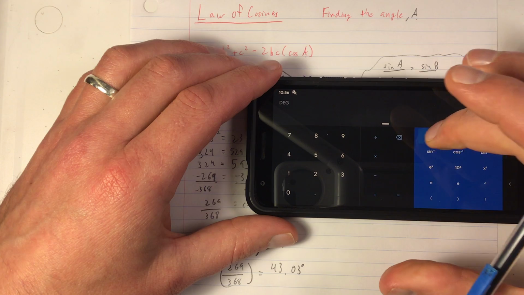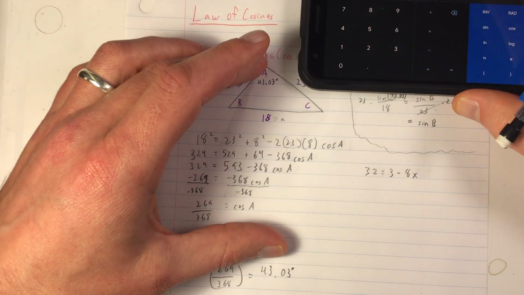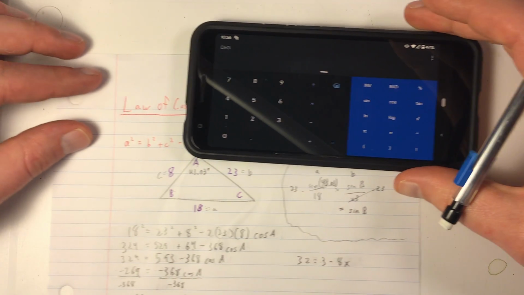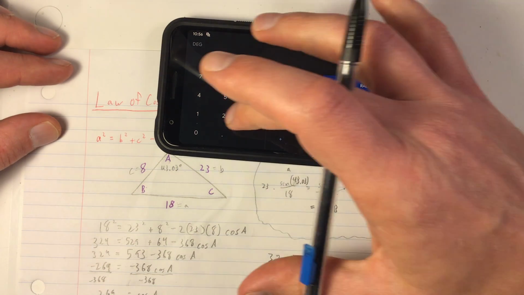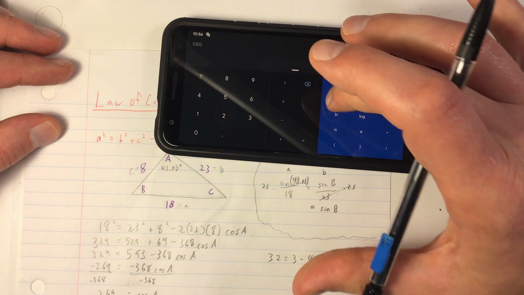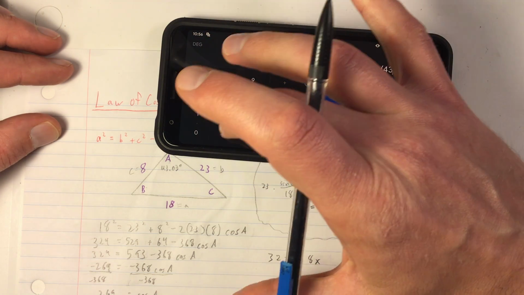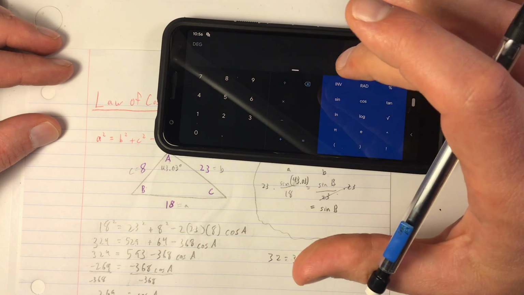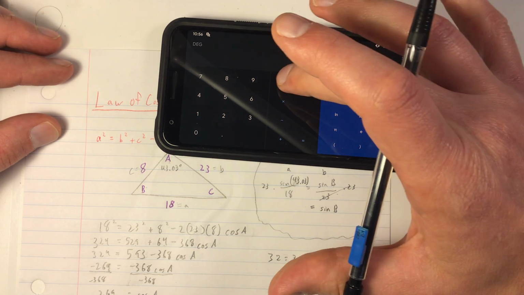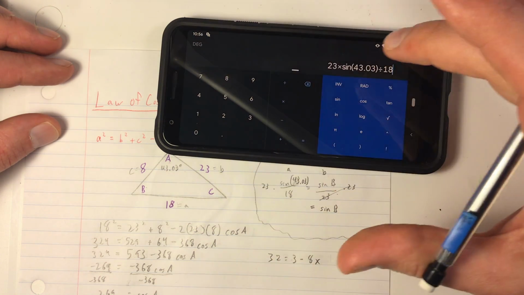So let's see, check the numbers. 23 times the sine of 43.03 divided by 18.